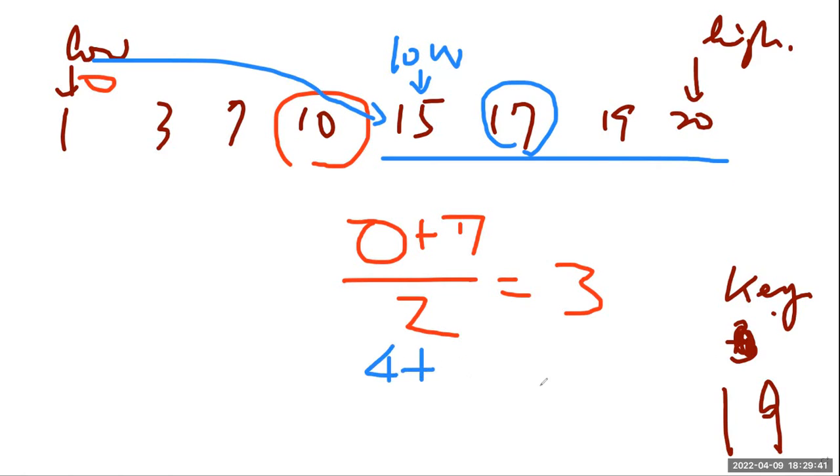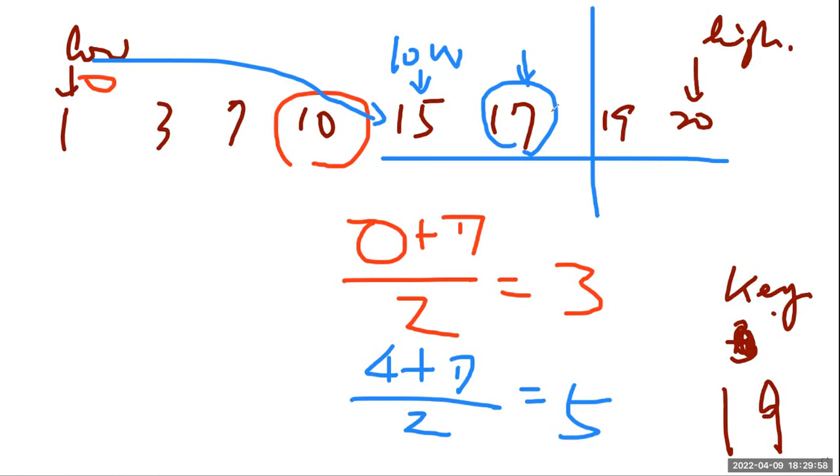And then what is high? 7. 7 plus 4 divided by 2, so 5. Okay, so you will check this one. It's still the middle one, but to the lower side. When you have an even number of elements, our number is right in the middle, to the lower side. This one we explained.